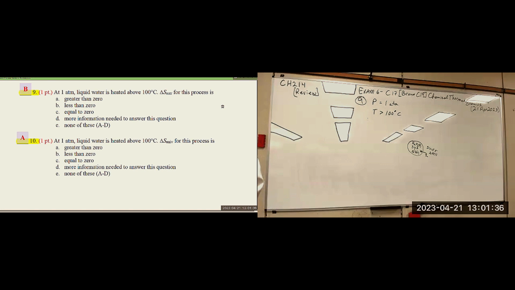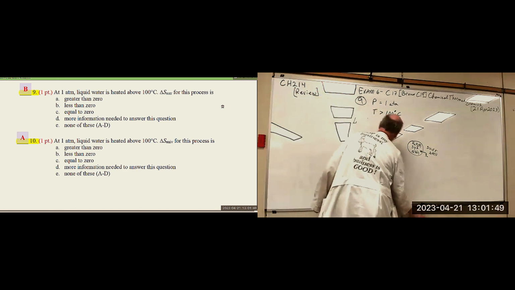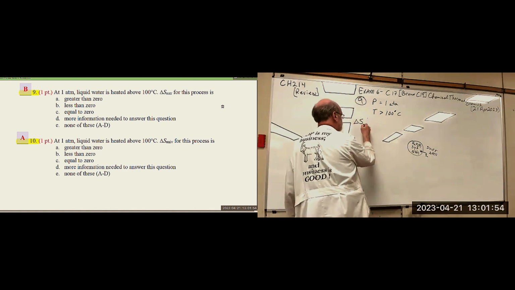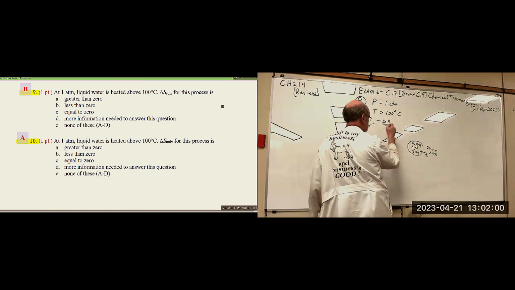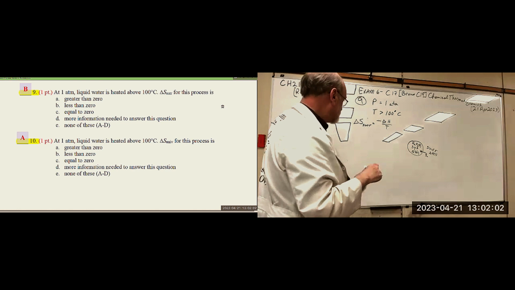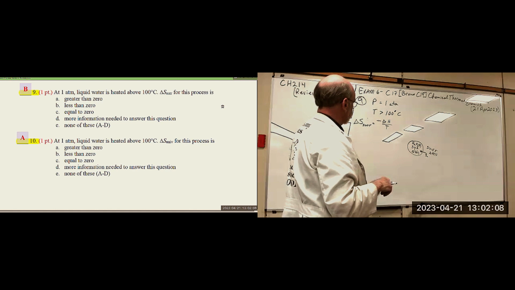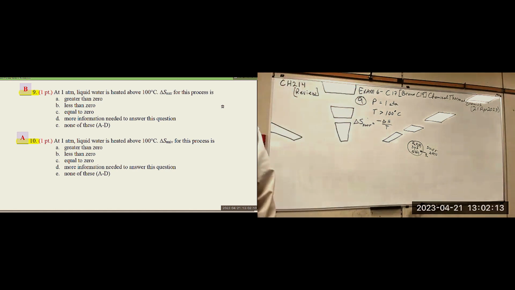in work problems. Oh, in work problems we use this formula: negative delta H over T. Does that even work?